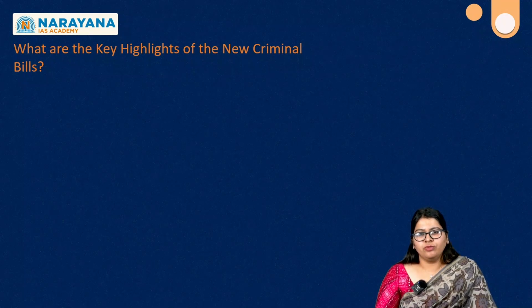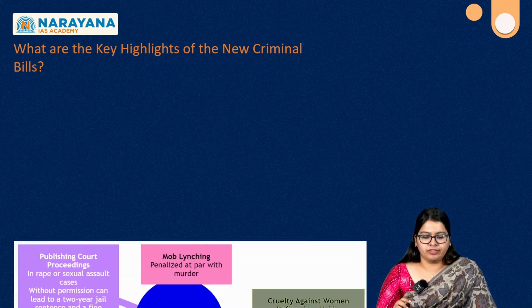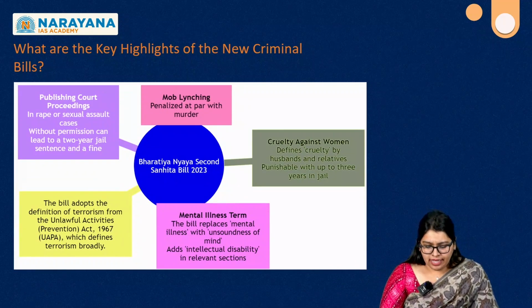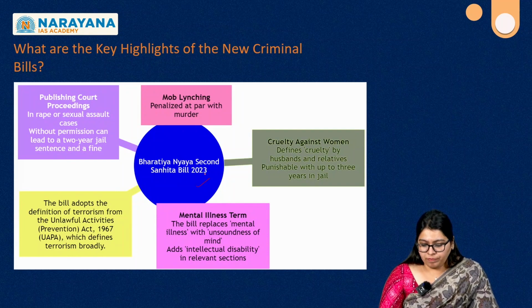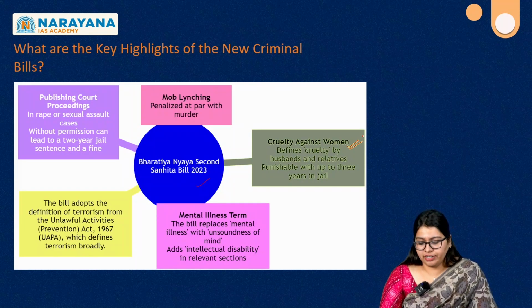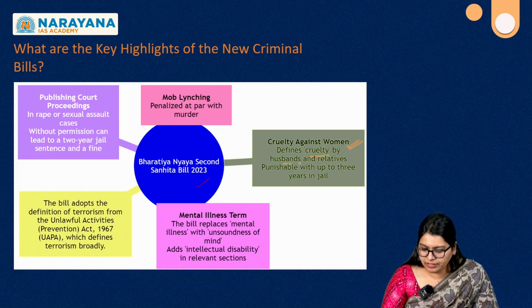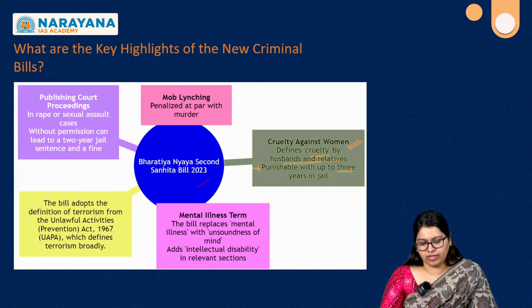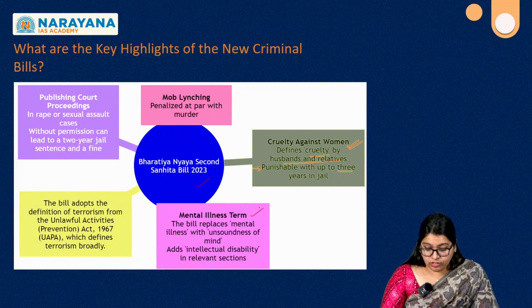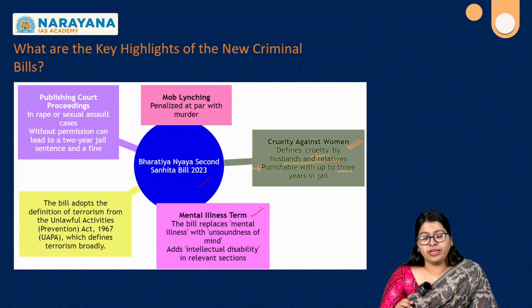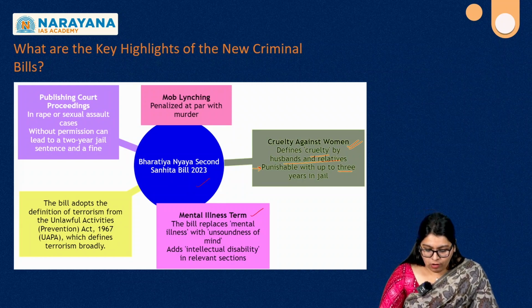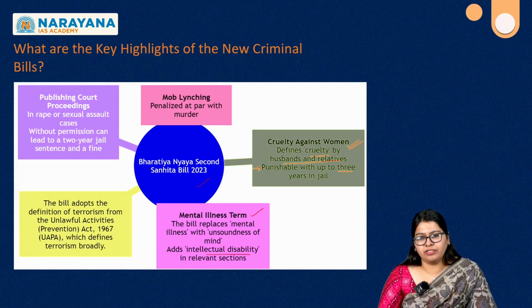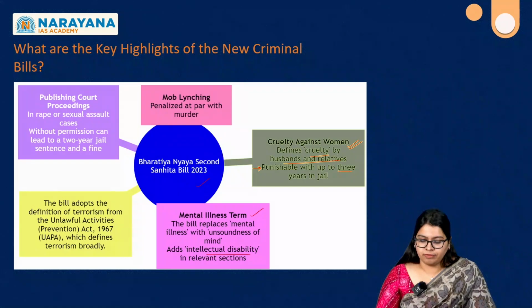Now let us look into the key provisions of these bills. The first one is the Bharatiya Nyaya Sanhita Bill. It talks about cruelty against women, where it defines cruelty by husbands and relatives, and it includes punishment of up to 3 years in jail. Then it has changed the term for mental illness, where it has included the terms unsoundness of mind and also adds intellectual disability in all the relevant sections.